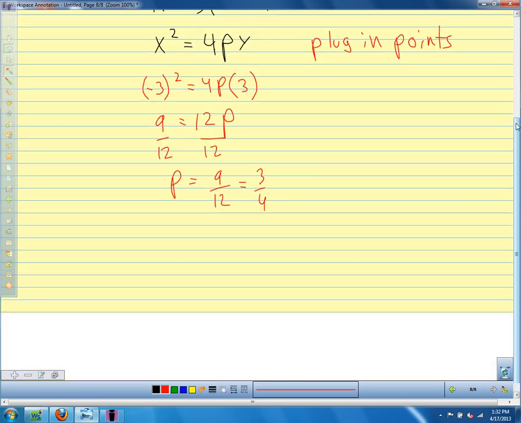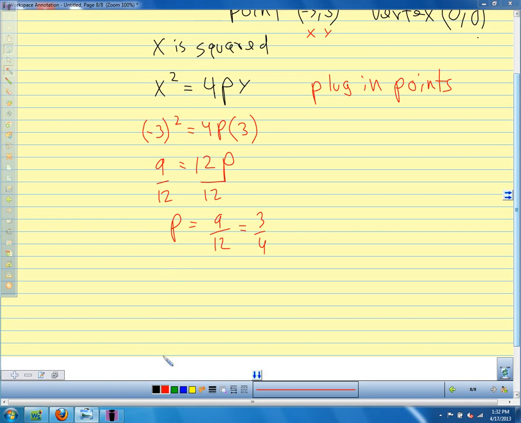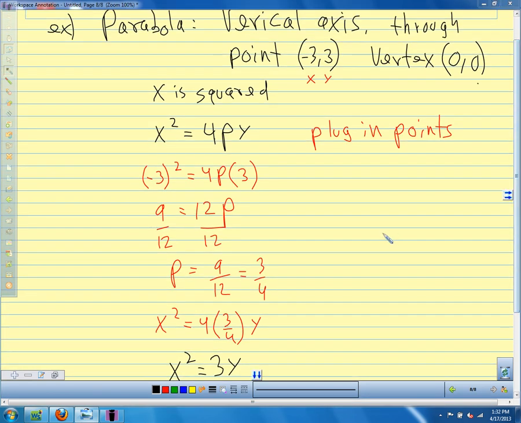Now I'm going to plug that back in here. So my equation is x squared equals 4 times 3/4 y. 4 times 3/4 is just 3. So finally, my equation is x squared equals 3y. Questions on that example?